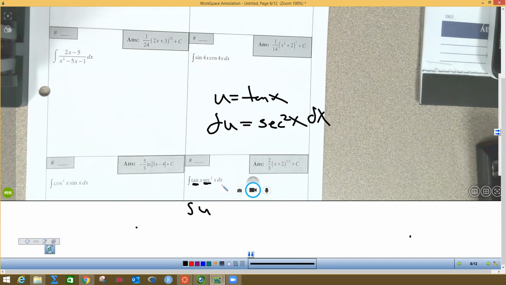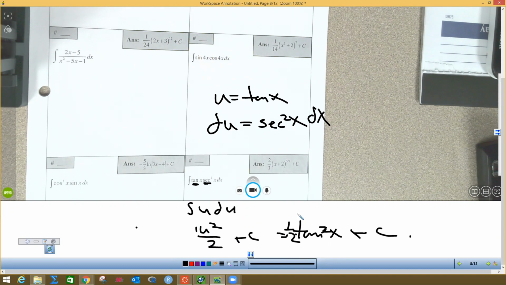And then secant squared dx is du, so this would be u squared over 2 plus c, which would also equal tangent squared x. So there's actually two different answers that would work for this problem. Oops, it'd be a half in front. I forgot to put the half from that 1 over 2. So yes, that would work, and it'll give you the same result.